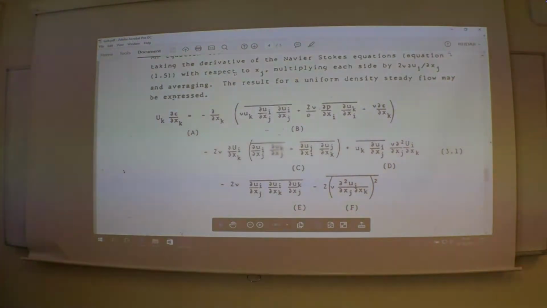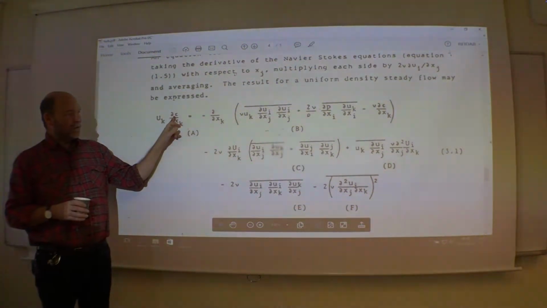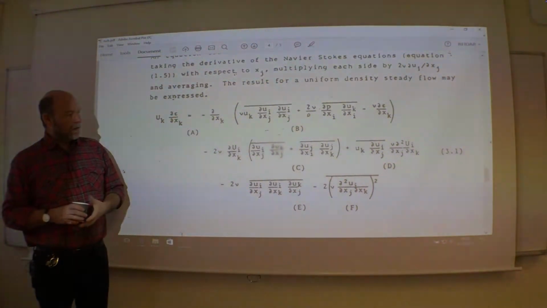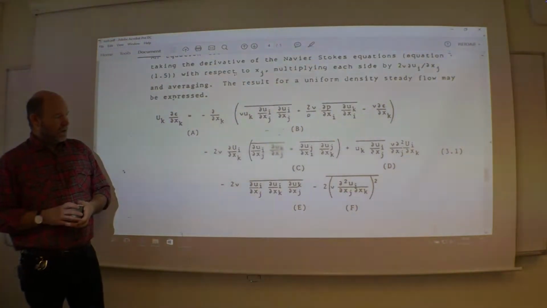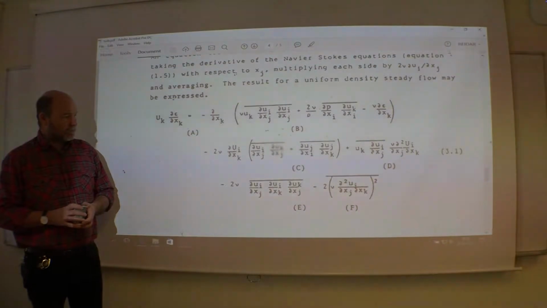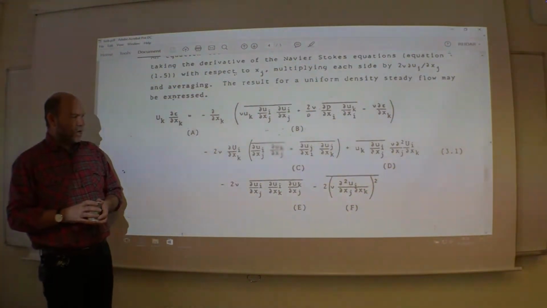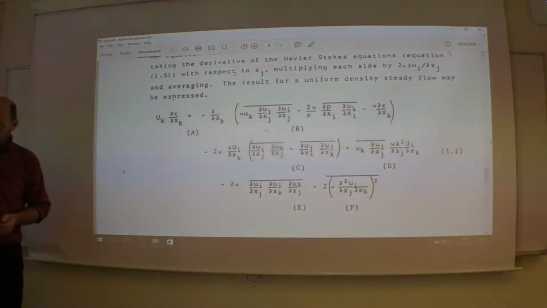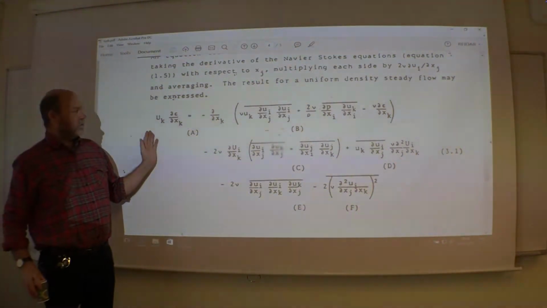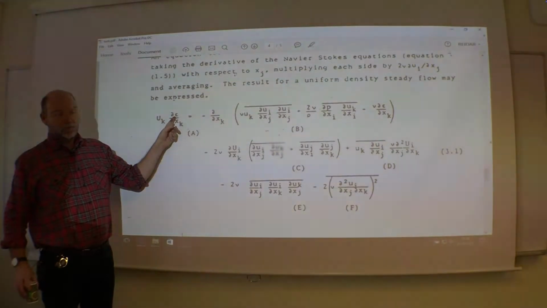There you have the correct transport equation for epsilon, for the dissipation. On the right-hand side you will have something which is a production term, a diffusion term, and a dissipation term. So here you actually have a complete, analytically correct transport equation for this unknown epsilon.